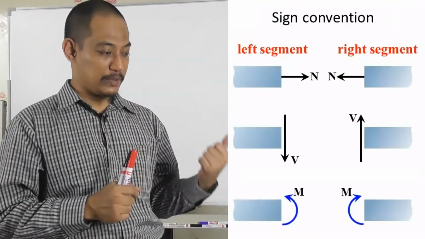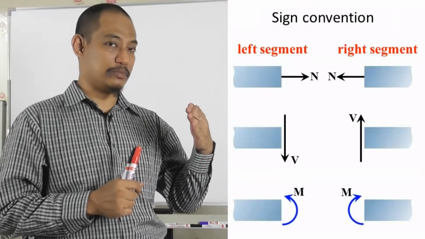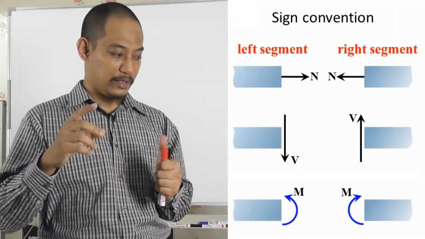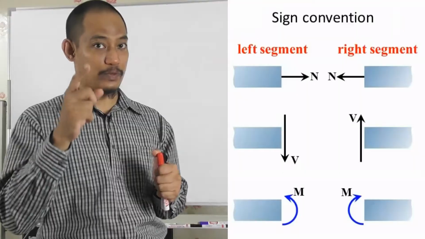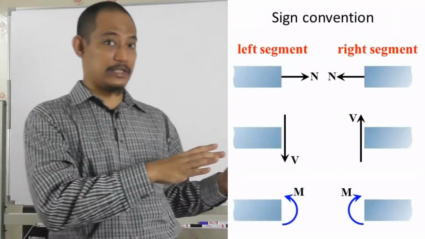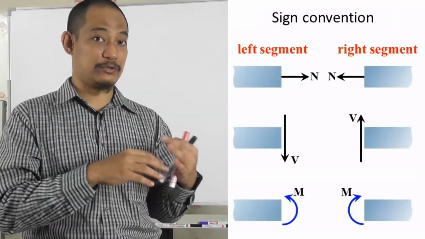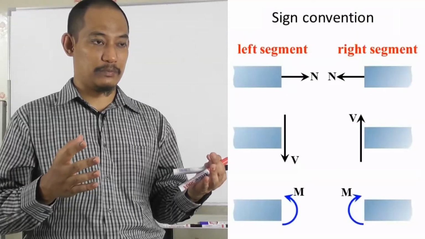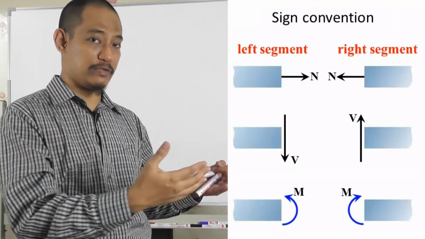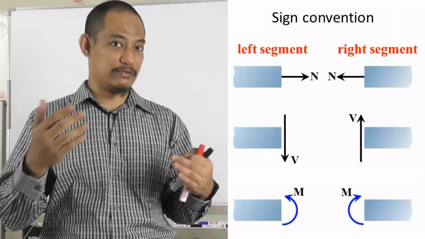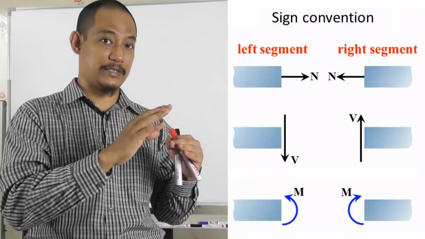And for the bending moment, for the left side, it will be counterclockwise, and for the right side, it will be clockwise. Hopefully you can memorize this, because this is the sign convention that we have to use, and if you get a negative, it means it is basically in the opposite direction.